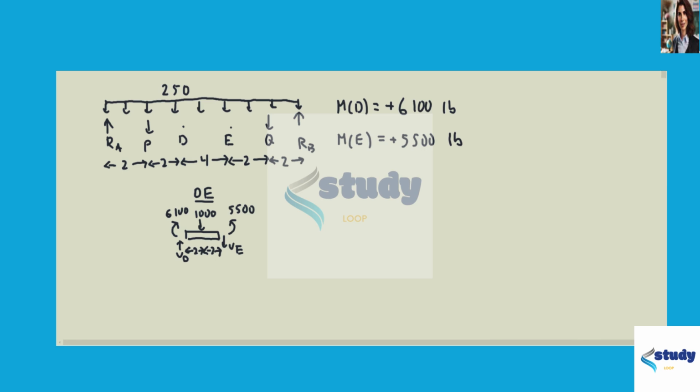Okay, we can sum our moments and set equal to 0. So we'll take that at point E, and we're going to get a 5,500. We're going to get a 1,000 from the resultant with an arm of 2.